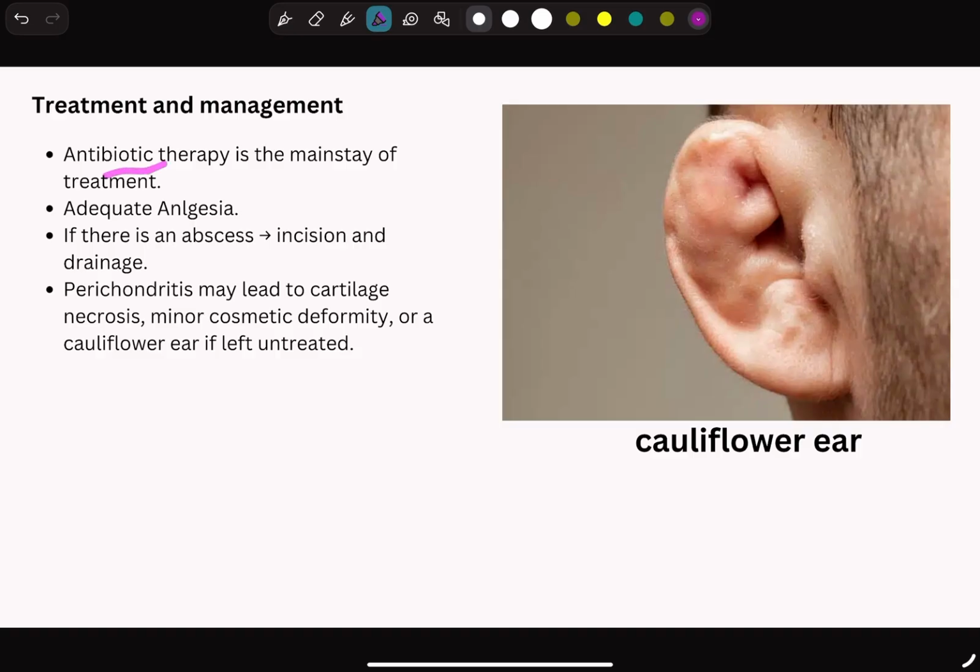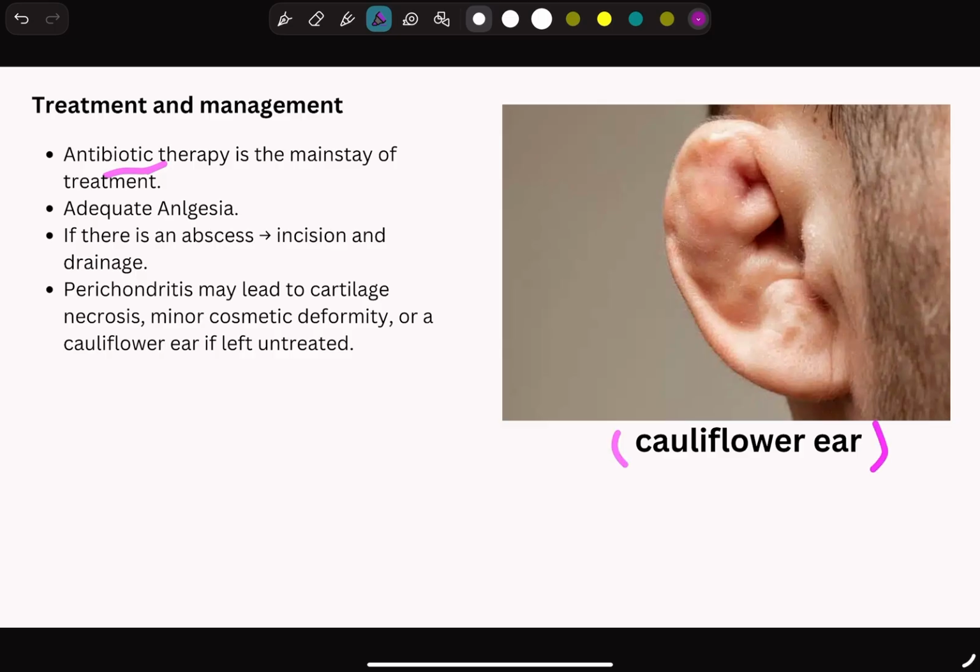Antibiotics are the mainstay of treatment. Adequate analgesics. It's very, very painful, so we need to give the patient proper analgesics. If there's any collection, we need to drain it straight away, because we need to avoid any complications.